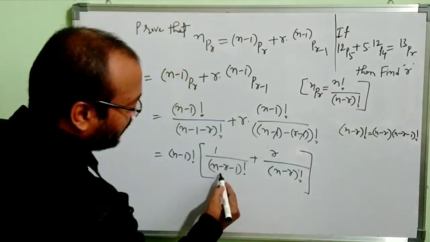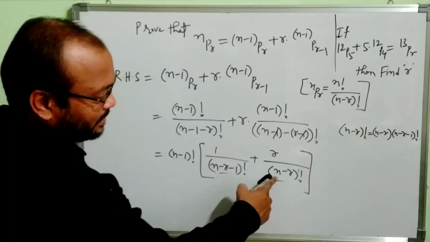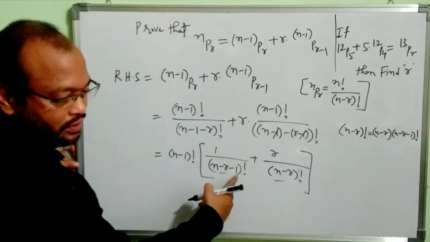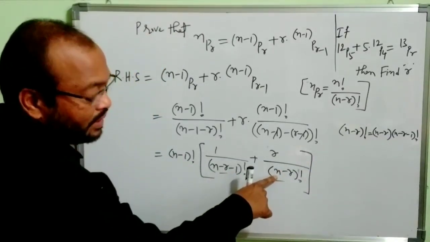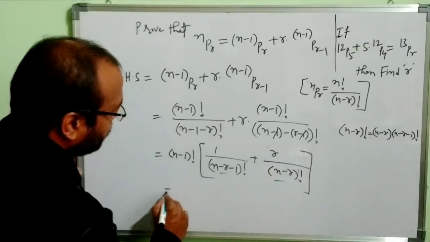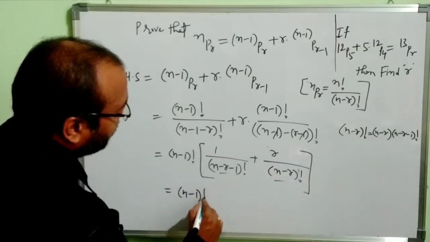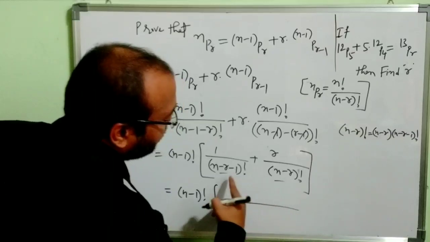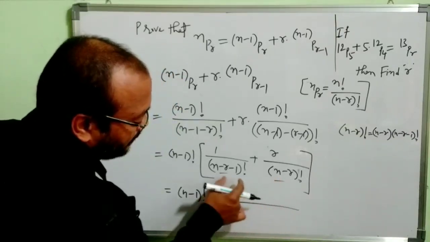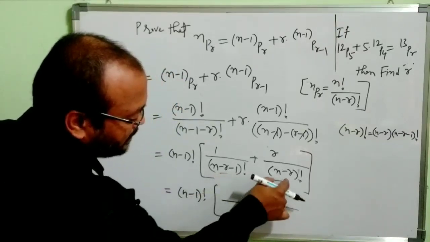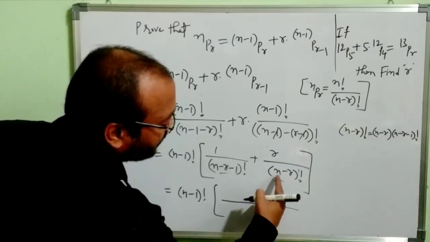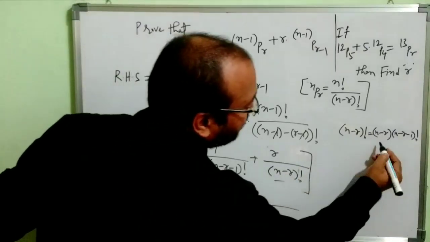In these two, one term already contains (n minus r minus 1) factorial. So that's why the LCM will become (n minus r) factorial. So now (n minus 1) factorial, and simply we will take in these two the highest one, this one, since the other term contains this also, the LCM will be this one.